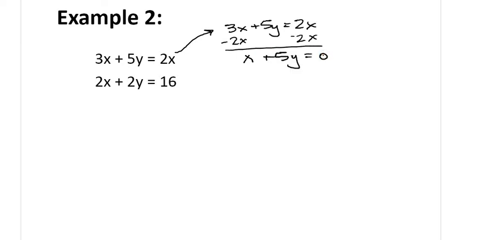I see the x has a coefficient of 1, meaning I could subtract 5y from both sides and substitute. Or I could multiply this whole equation by negative 2, and then use the elimination method. I think either one of those would work for this one. Since we did elimination for the last one, I'm going to say substitution is the way to go for this one.